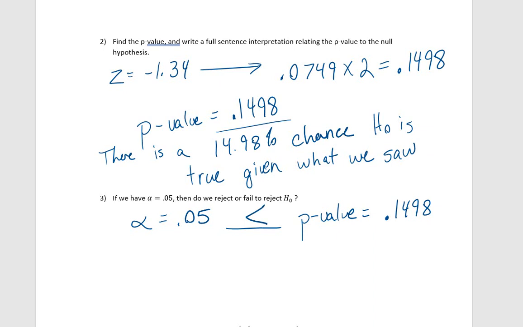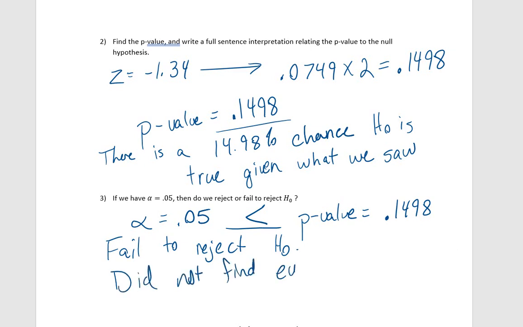So remember, if p is low, reject H0. In this case, p is high, so we have to fail to reject. That means that we did not find evidence of an unfair coin.